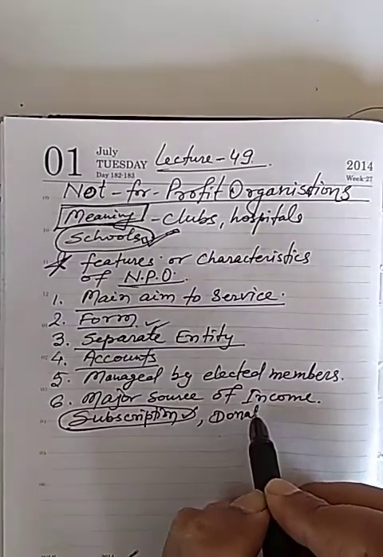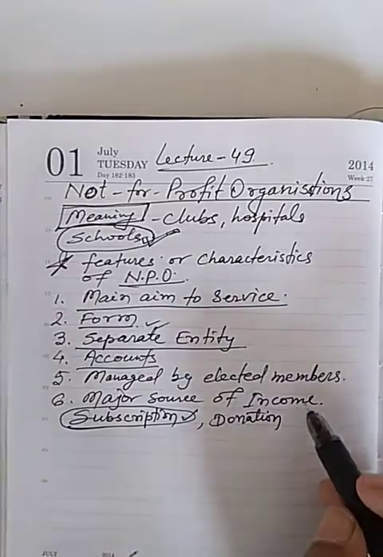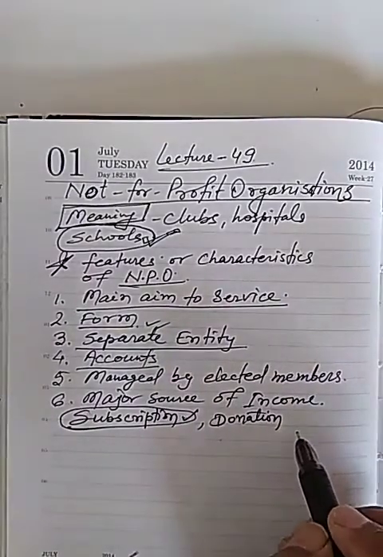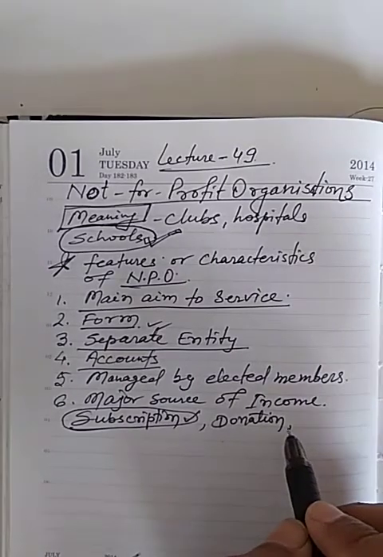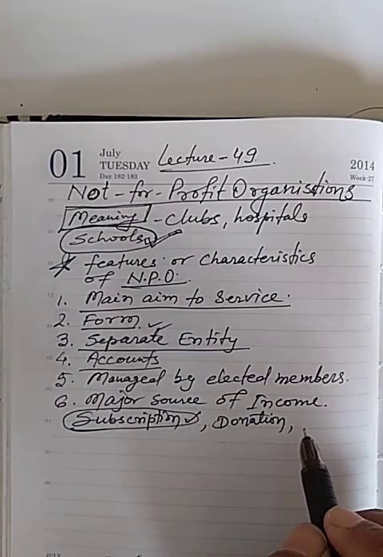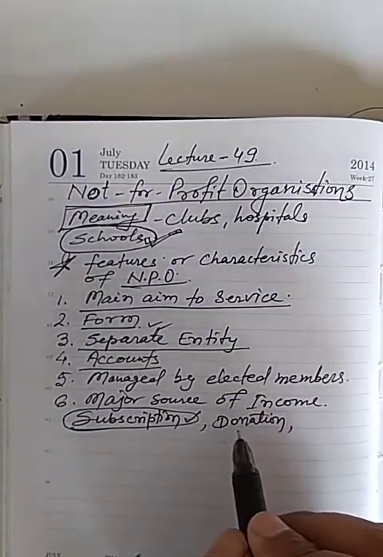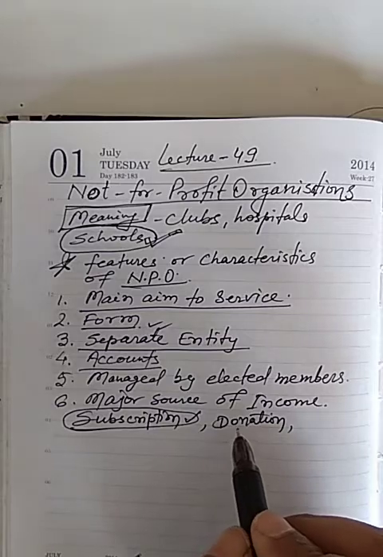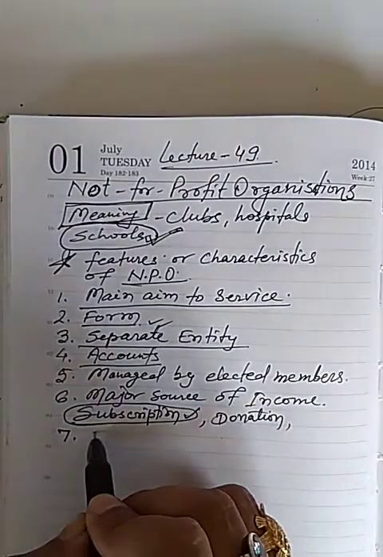Donation, financial assistance from government in the form of grant in aid, income from investment, etc. are the major sources of income.